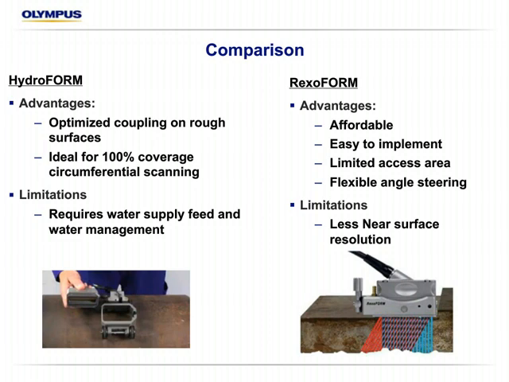For very limited access areas, it has a very small footprint, so below skirts on different machinery and areas where you might not be able to put a full mapping system, you could complement that program with the scan with this in very tight areas. It has very flexible angle steering, so it is a very versatile probe for all different types of damage mechanisms. But it does have slightly less near surface resolution, which we'll show them all together a little bit later.